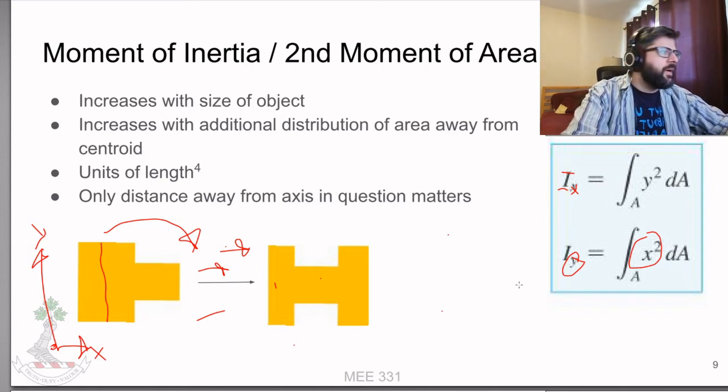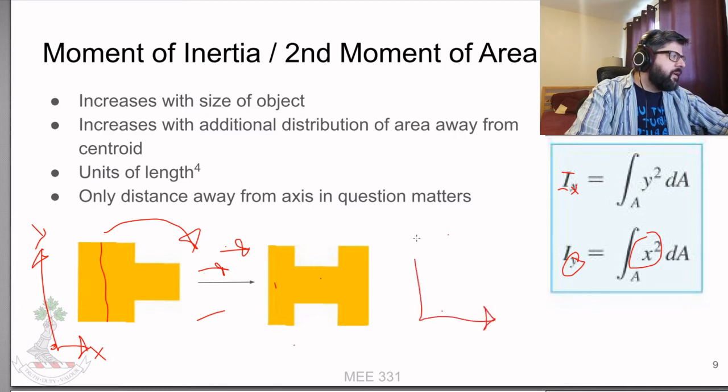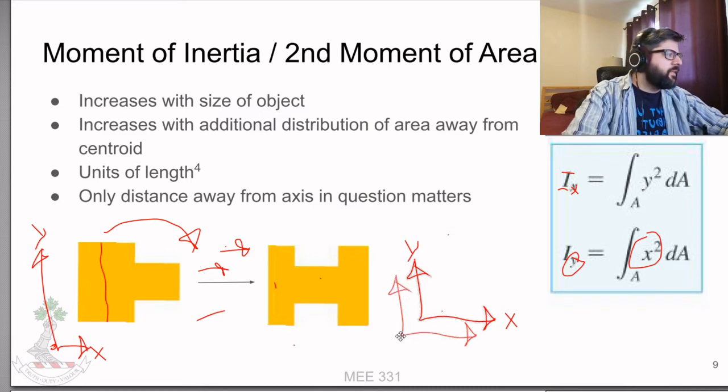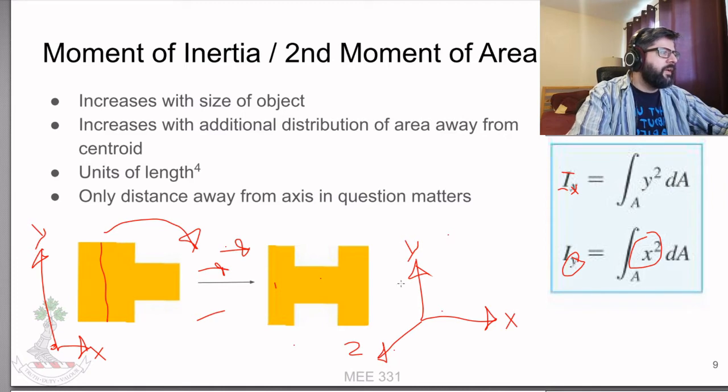One thing to keep in mind is that when you're looking at cross sections, your axes need to be consistent. Often, if we're just looking at a cross section, we define x and y in terms of looking directly at the cross section, with z in and out of the plane.